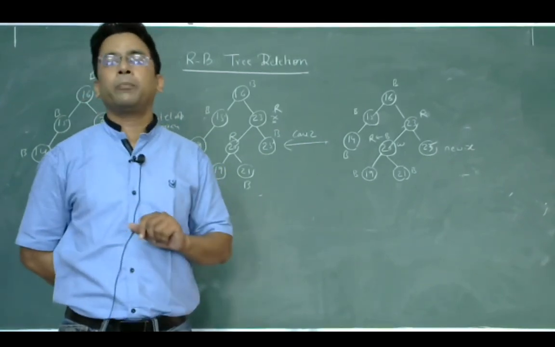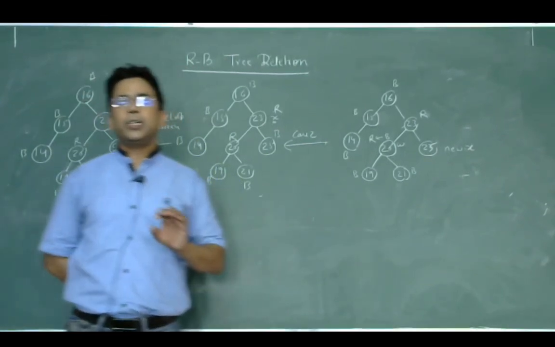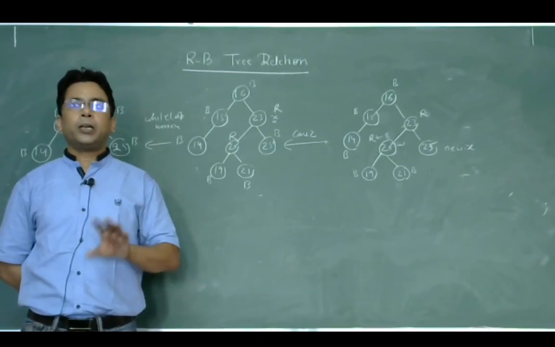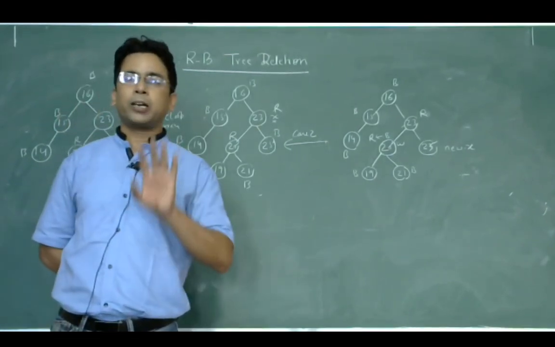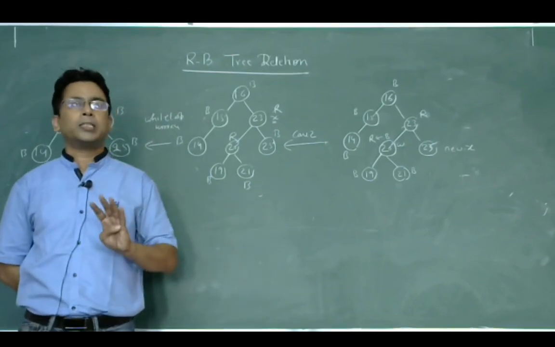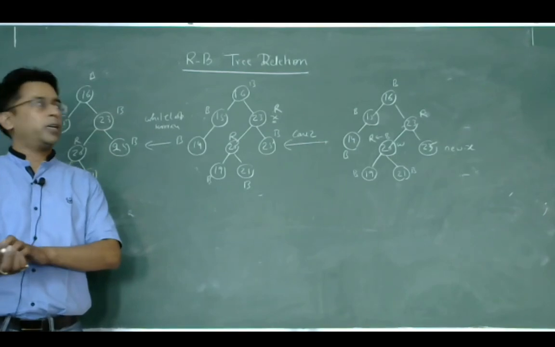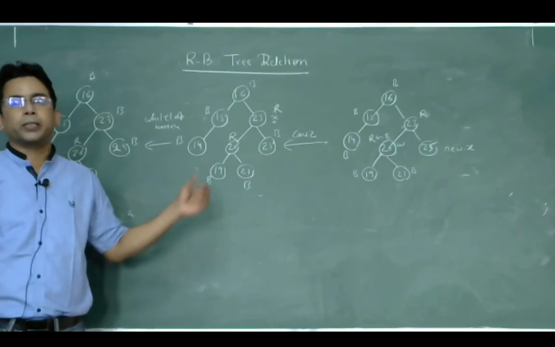Whenever x is replacing node x, that is, x is black, then you need to run the fixer procedure. There are 8 cases, but they are very similar to each other. So by generalizing, you need to just remember 4 cases, and you can easily apply these. Solve these numericals. Thank you.